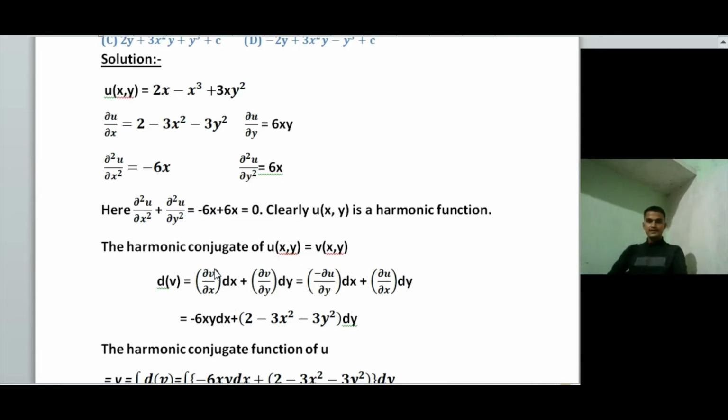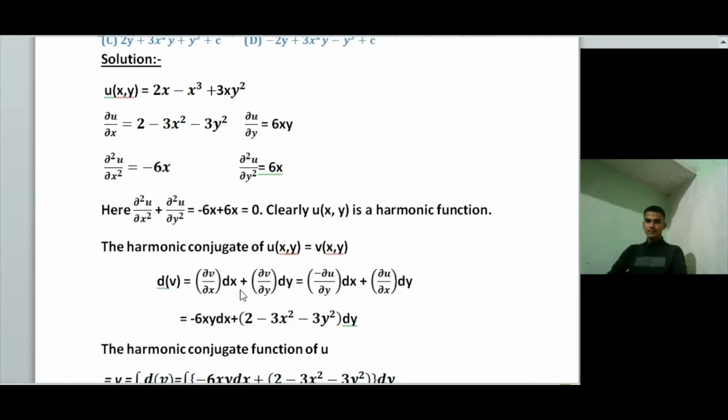So you can see this is del v by del x, so it is equal to minus del u by del y by the CR second equation, which is uy is equal to minus vx. If the minus sign comes to the u side, minus uy is equal to vx.